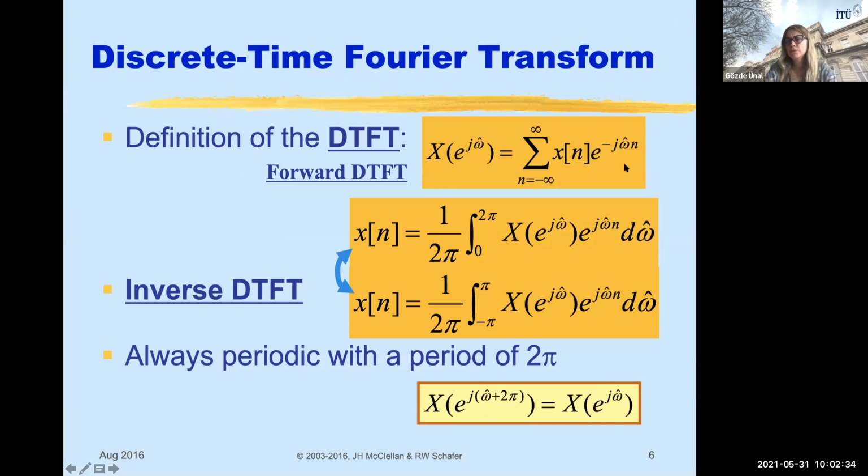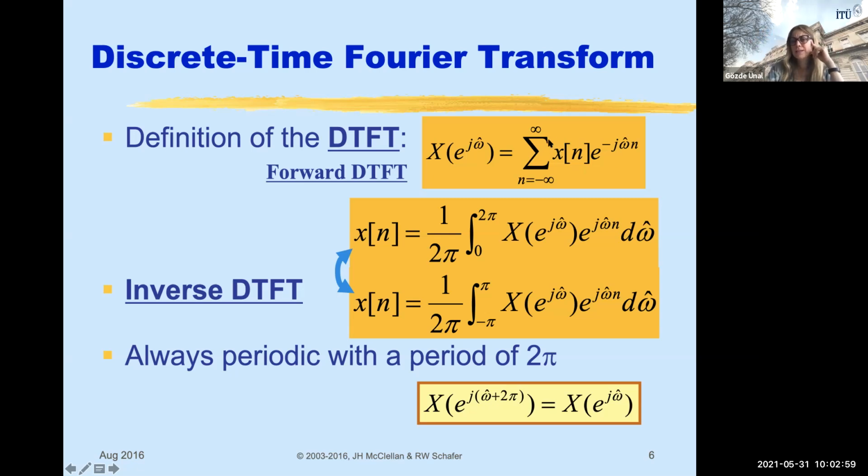We had e to the minus j omega t. Now, when we say discrete time Fourier transform, we are working with a discrete signal. Before we were working with a continuous time signal and we were studying its Fourier transform. Now we study the Fourier transform of a discrete time signal like x[n], okay?